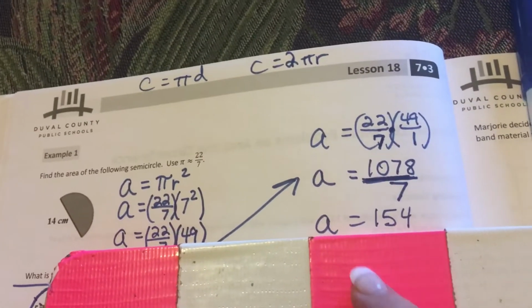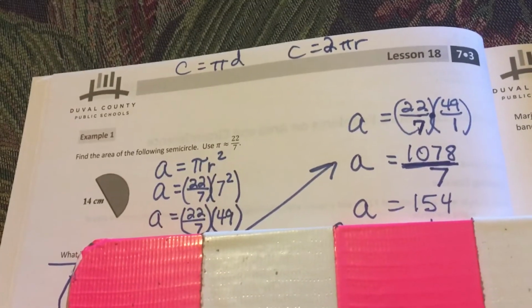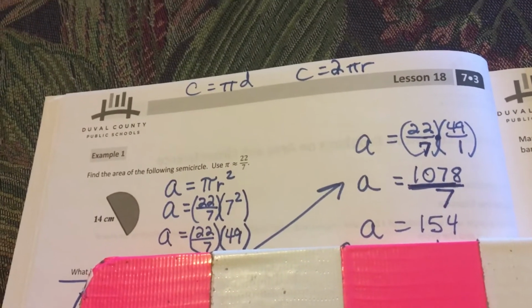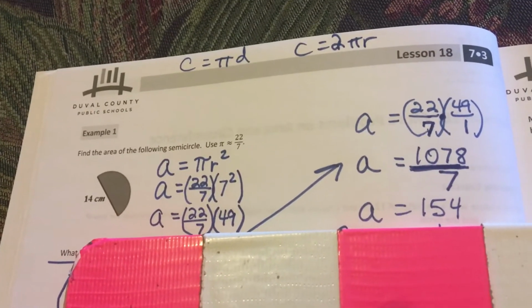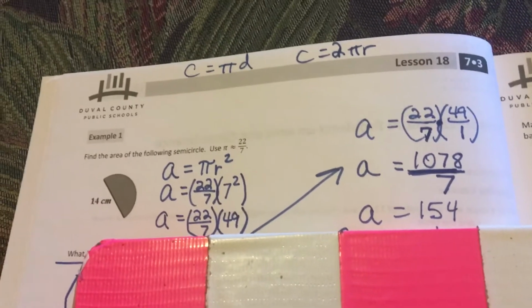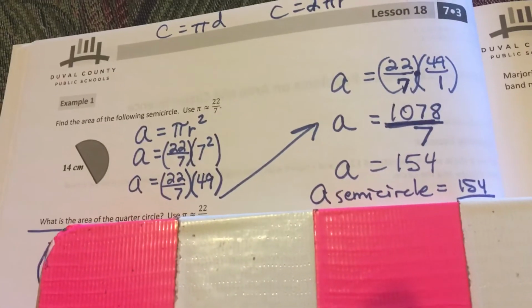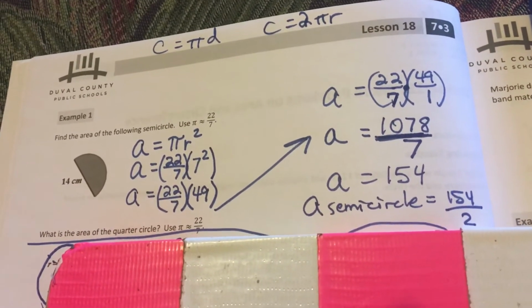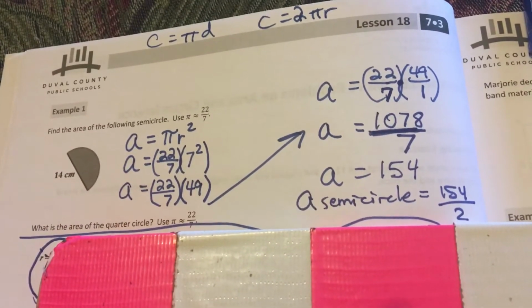So this is the formula for the area of a circle. We just want a semicircle or a half circle. So you know, just by thinking logically, oh, we only want half the circle. So we're going to divide it by 2. Chop it in 2 pieces because we only want half that number, 154.